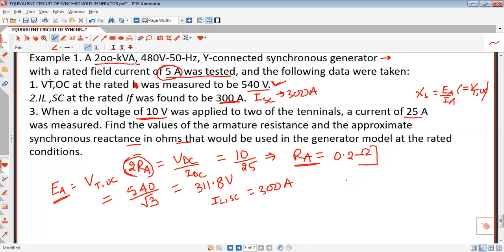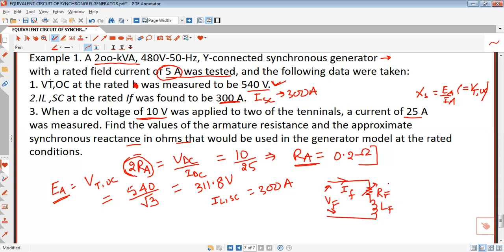If we draw its equivalent circuit, we will see that it is like this. Here our field current is going, and this is the field resistance, which is variable. By varying this field resistance, we can vary the field current, and here the field voltage is applied.